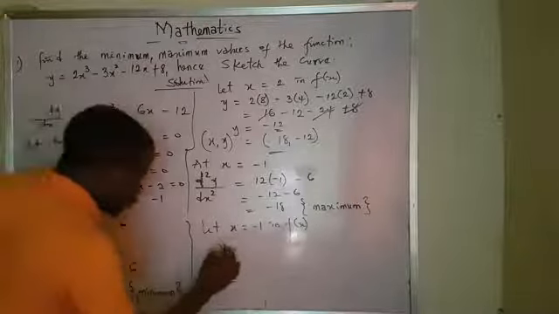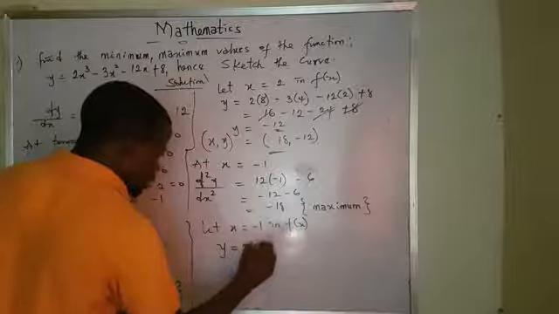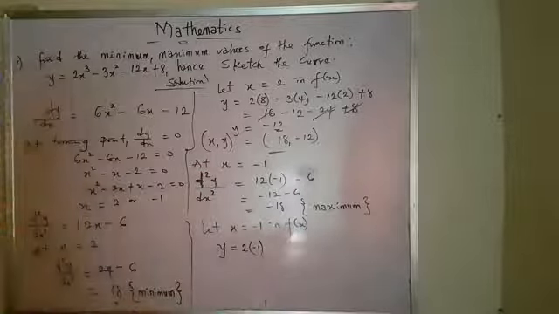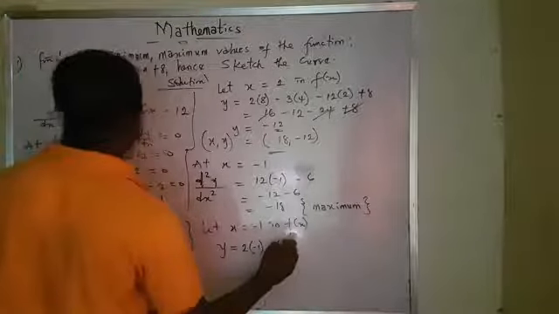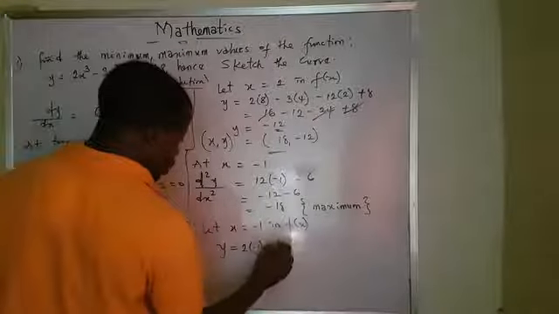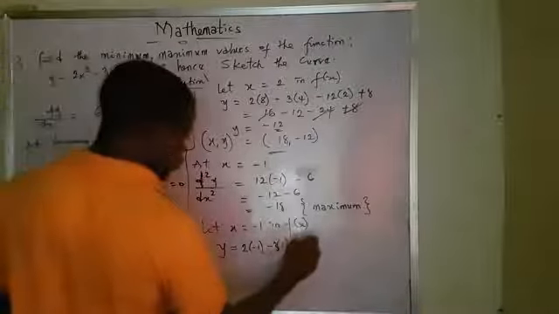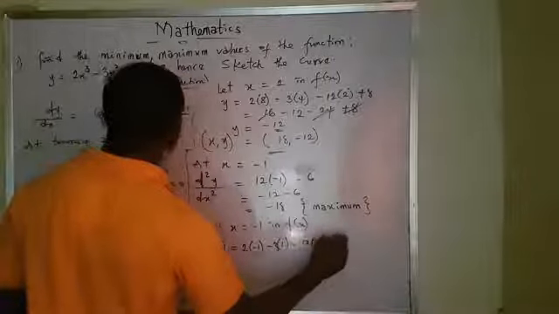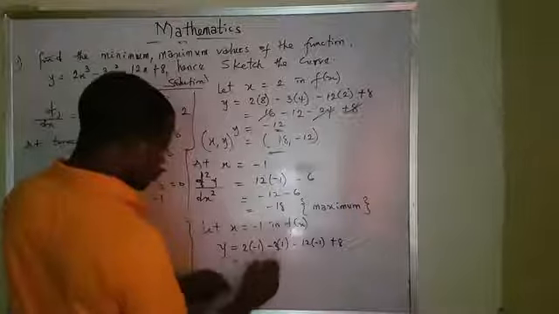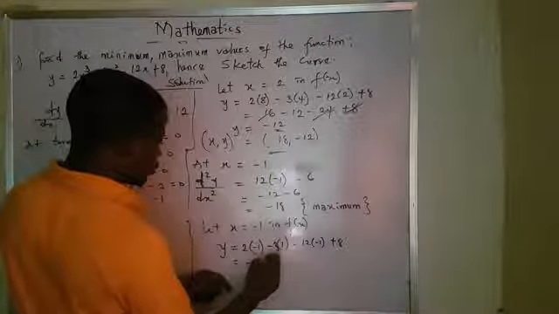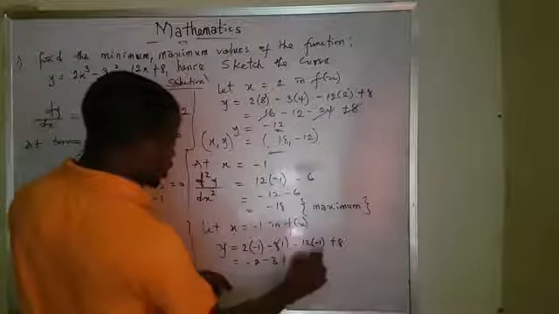We have y equal to 2 open bracket minus 1, that is minus 1 raised to power 3, minus open bracket minus 1 raised to power 2 is 1, so minus, so open bracket minus 1 plus 8, so that will be minus 2, minus 3, plus 12 plus 8.